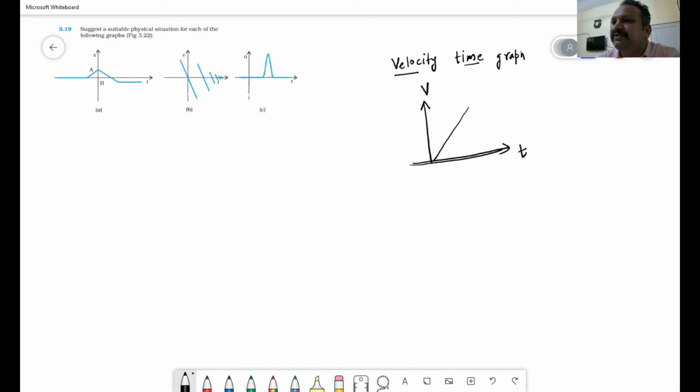So if the velocity time graph is this, this is a straight line, and we know the slope of a straight line is constant. So we can say the slope of the velocity time graph represents basically acceleration.